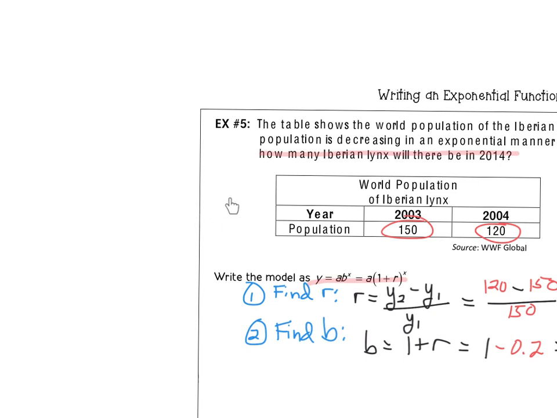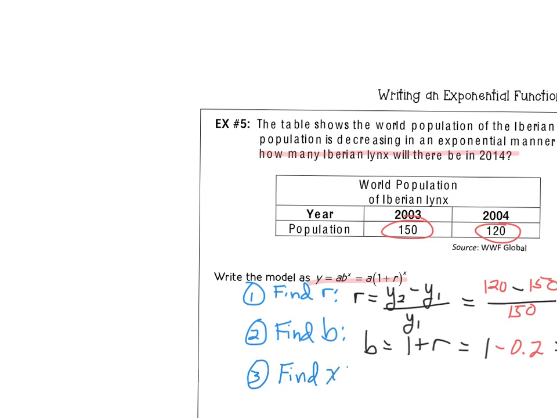And then X, we have to find x, so we have to find our time period. All right, so let's go ahead and do that next. We are missing our time period, so step 3, find x. They have an x here instead of a t. X and t are really the same thing.